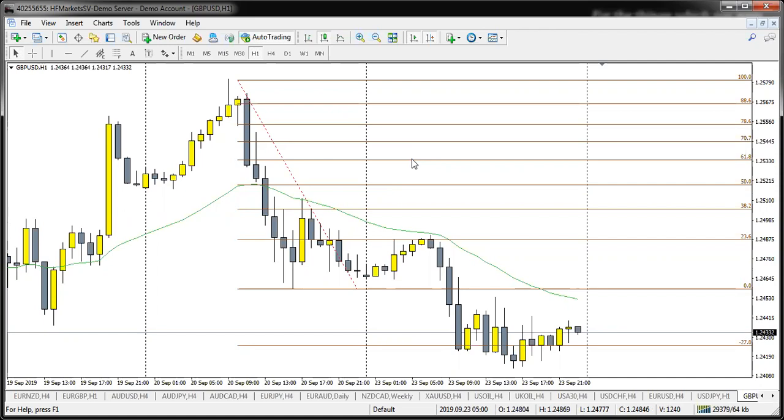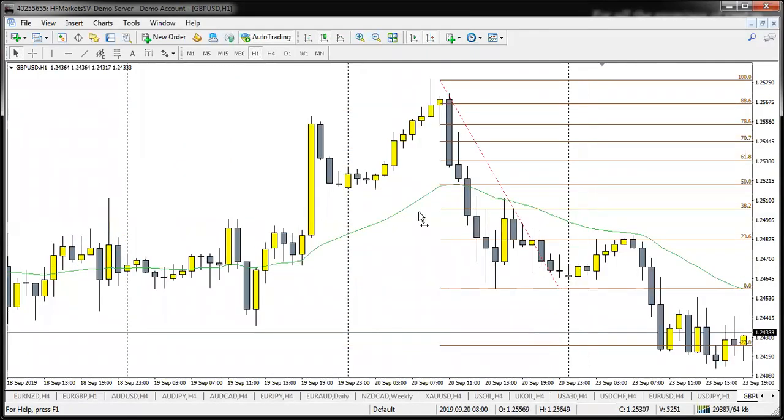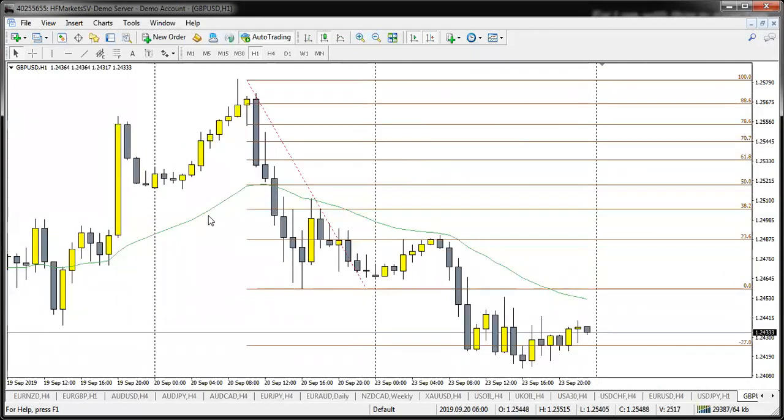Those three levels I mentioned, 38.2, 50.0, and 61.8, are very key levels when it comes to Fibonacci. 0.0 and 100 are called critical levels, and 127 and 161 are also called take profit levels. So whatever trade you are making, this works very well. Now I put this out, I enter here, I take my profit here or here.